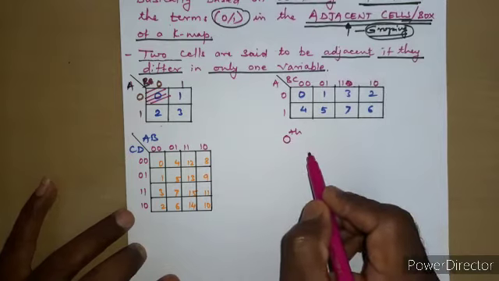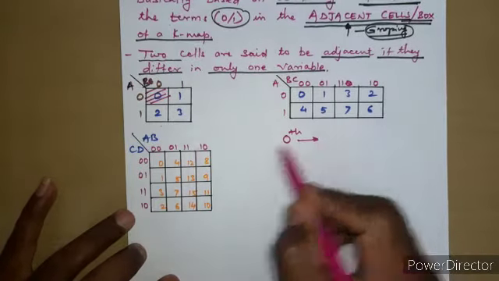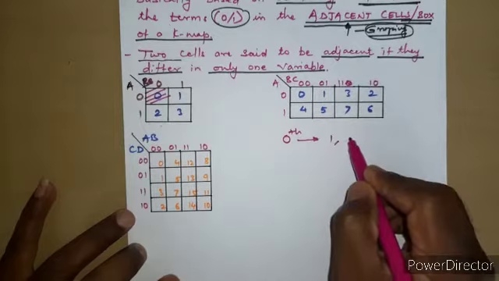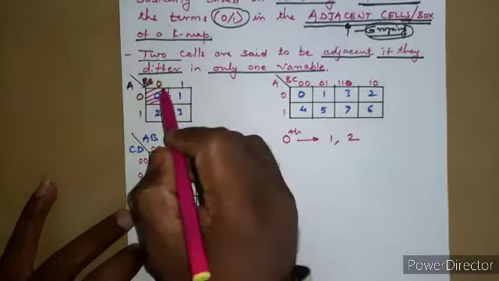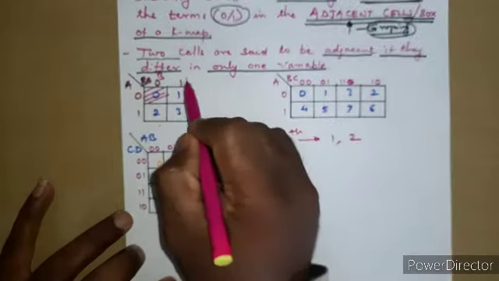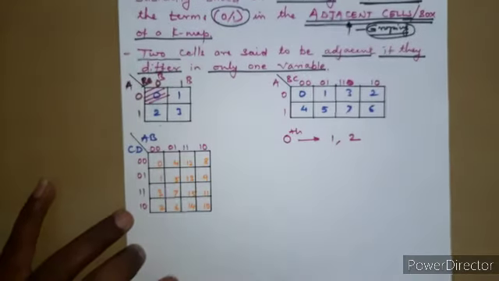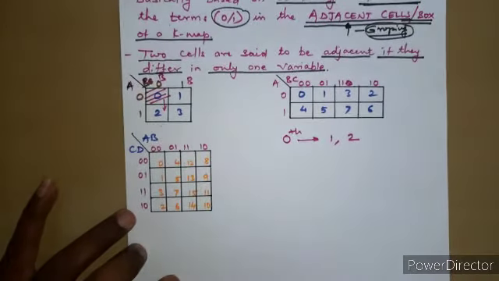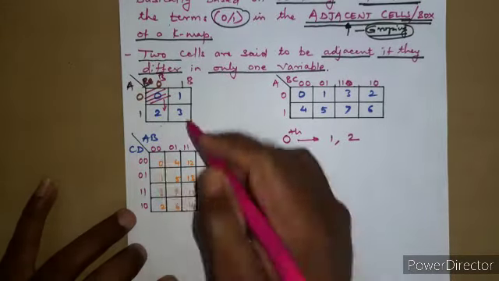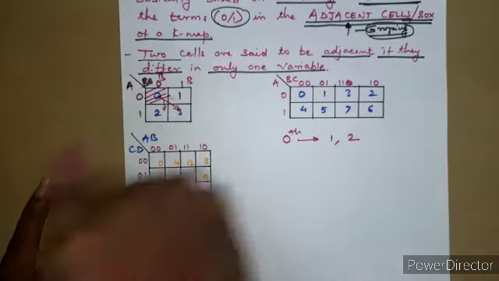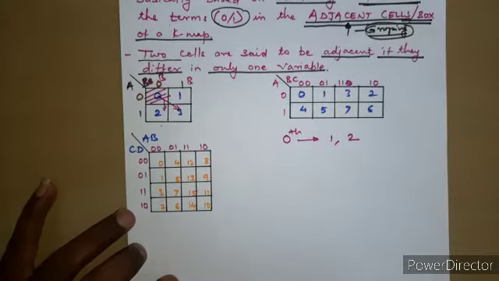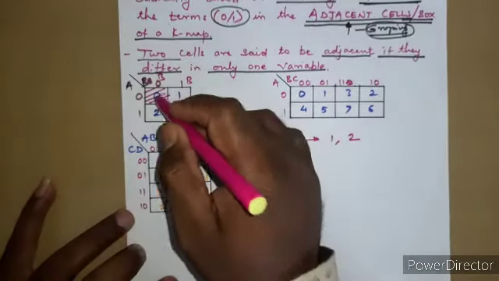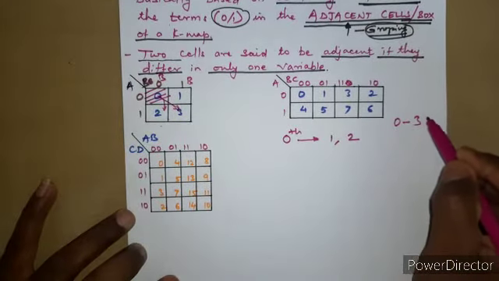The adjacent cells to this 0th cell are 1 and 2, because this is B bar and this is B, so it differs in only one variable. Here also it differs in only one variable. Diagonal cells are never adjacent cells, so you cannot consider 0 and 3 as adjacent.